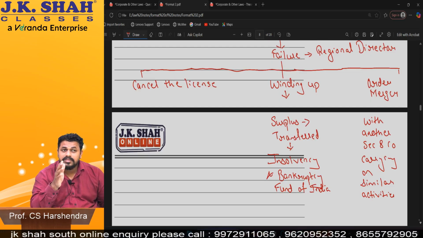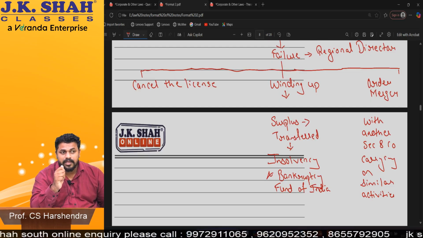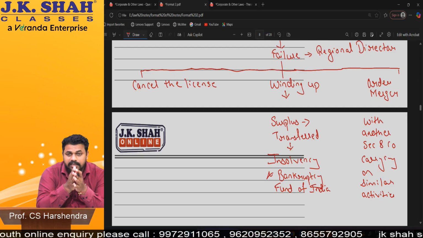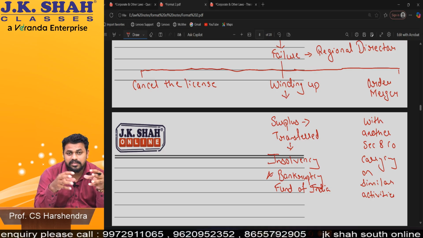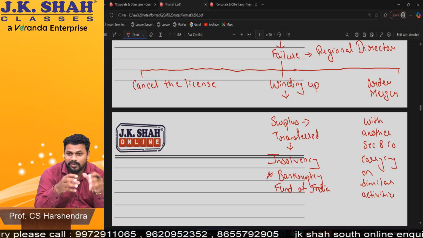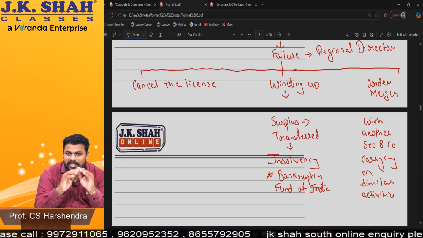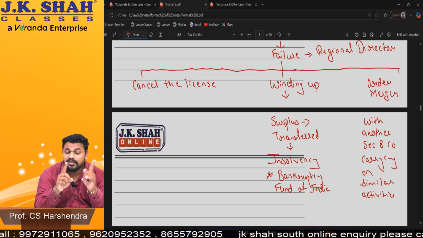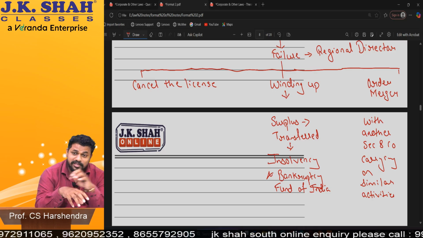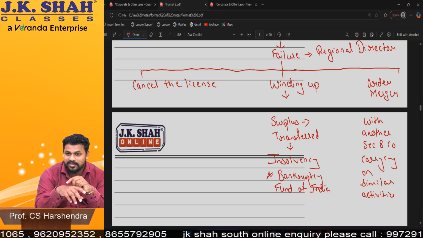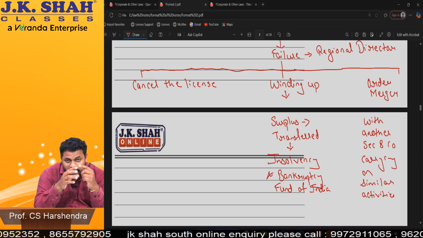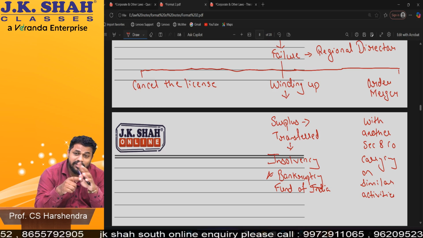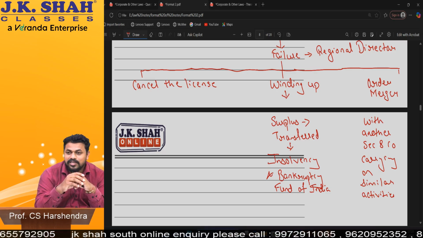Merger and amalgamation, I'll tell you, officially or legally there is a difference. I'll just tell you in small terms. Merger is fusion of control. One company wants control of another company. Okay, that's it. Amalgamation is of assets and liabilities. You want the assets of another company, for that you do amalgamation. And that's the reason the accounting standard also changes. For amalgamation, Accounting Standard 14 is applicable. For merger, it is not applicable.